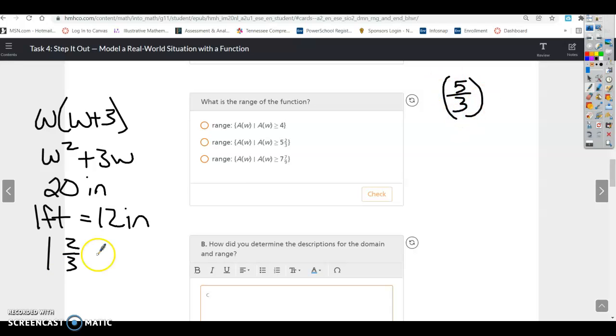And if we add 3 to this to get our other side, or our length, we're going to have 4 2/3. Multiply that out and get 12, so that's 14/3. And so then I'm going to multiply 5/3 and 14/3. So 5 times 14 is 70, and 3 times 3 is 9.